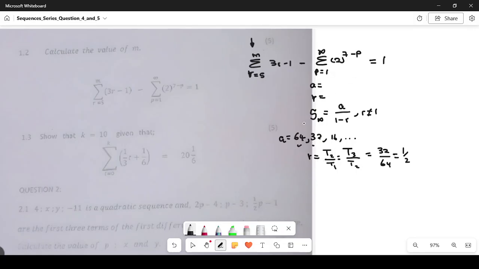Now I have my a and I have the value r, so we can compute the sum to infinity. Our a is 64, divided by 1 minus a half, which is a half. The sum should be 128.